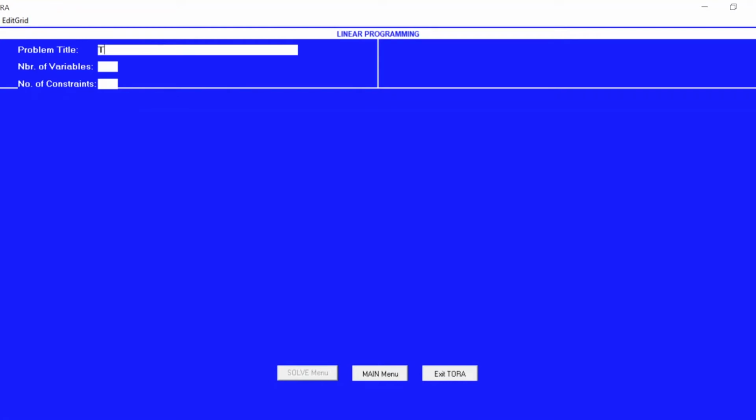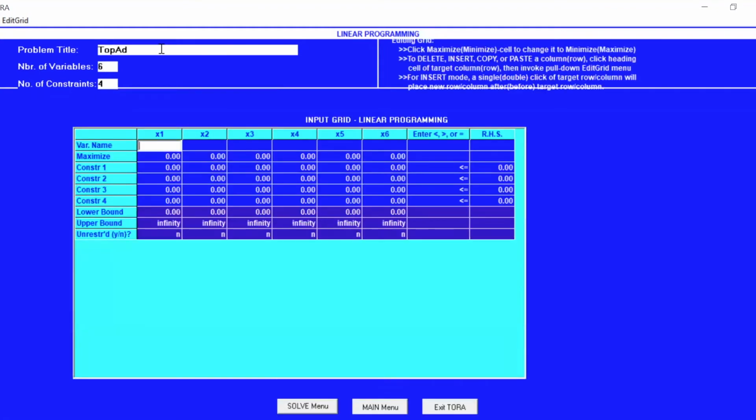We're going to name our table top ad, and like I said, we have 6 variables and 4 constraints, and we're just going to enter all those in. We are minimizing G1, which in our case is also S1 superscript negative, which is also x3, and I'm just plugging in the rest of the constraints, in the order that they are on our paper.